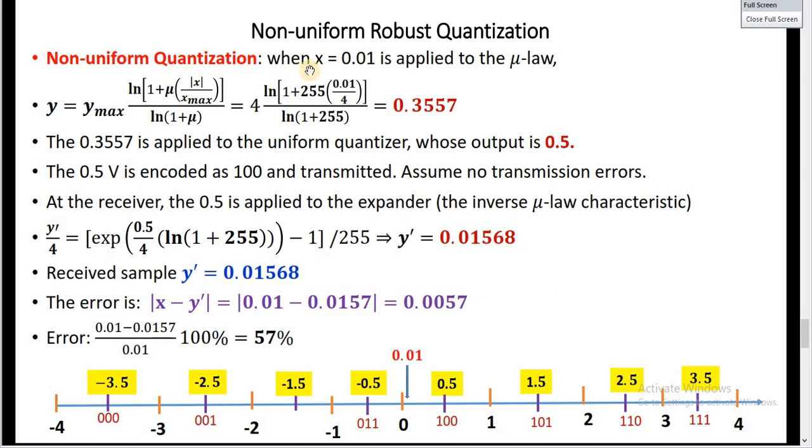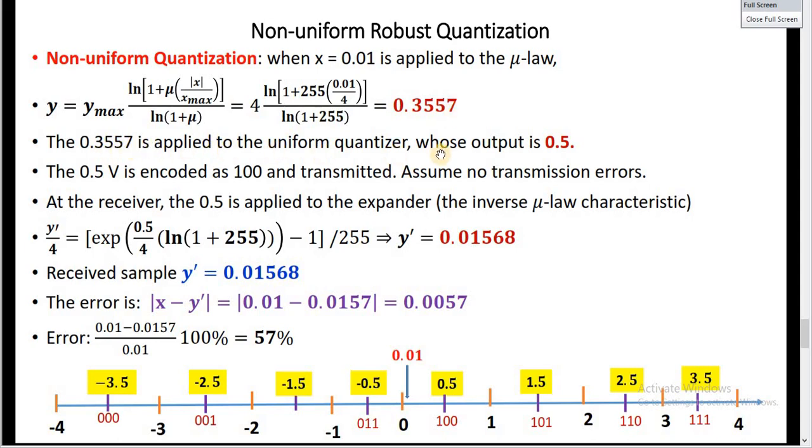For non-uniform quantization, when x equals 0.01 is applied to the mu law, the output y equals y max ln(1 plus mu x over x max) over ln(1 plus mu), which equals 4 ln(1 plus 255 times 0.01 divided by 4) divided by ln(1 plus 255), which equals 0.3557.